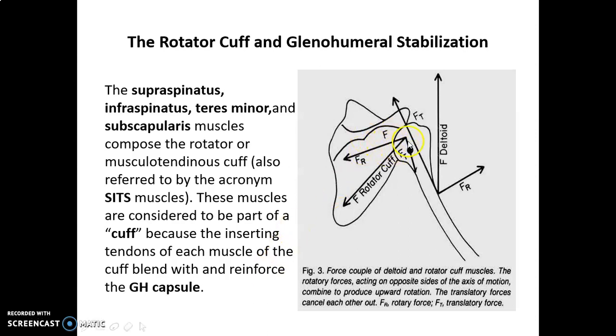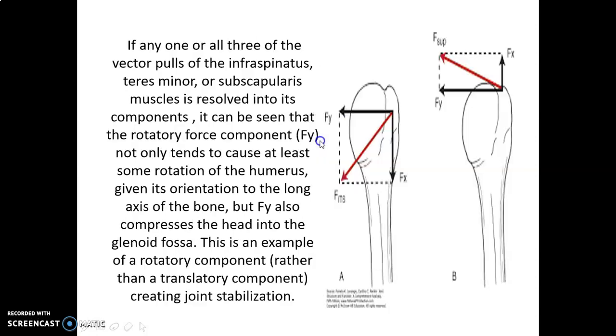Here you can see the direction of the resultant force of the deltoid, and here you can see the force of the rotator cuff tendons. It is the same thing shown in a different figure.